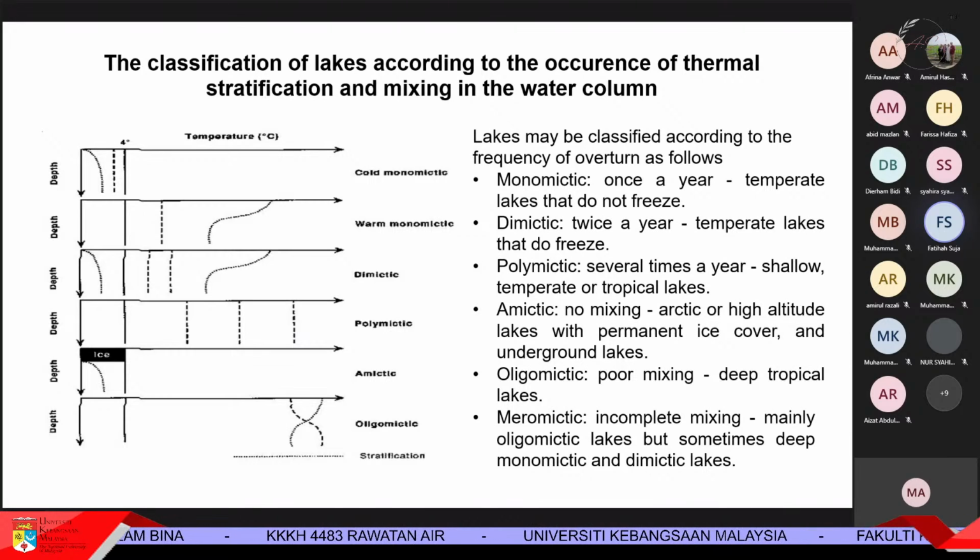So shallow tropical lakes like we have in Malaysia may be mixed completely several times a year. This one is about very deep lakes, because stratification may persist all year, even in tropical and equatorial regions. If it is a very deep lake, even in tropical and equatorial regions, then they have this stratification.